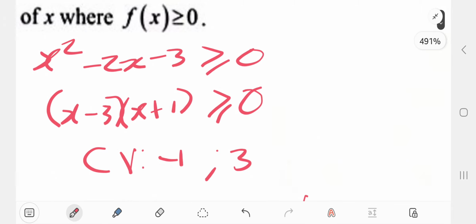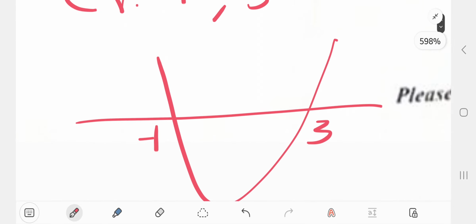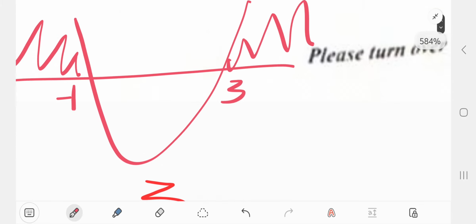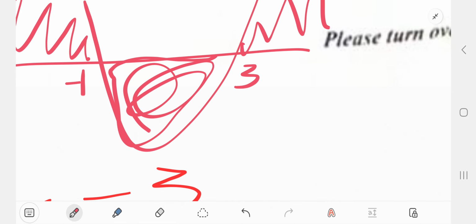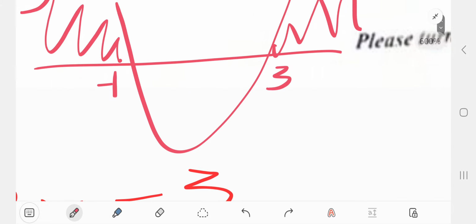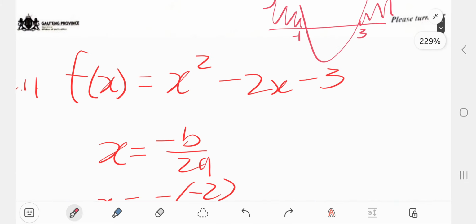But when they say where the graph is greater than 0, if we look at this graph, it is only greater than 0 to that side of -1 and to that side of +3, because in the space between here, the y value of the graph is below the x-axis, meaning it is negative, but we want where it is positive or equal to 0, right?